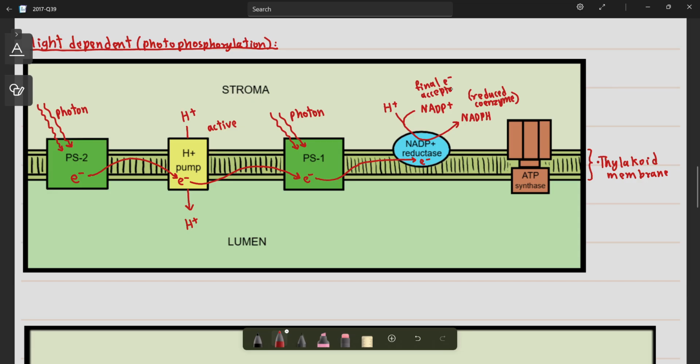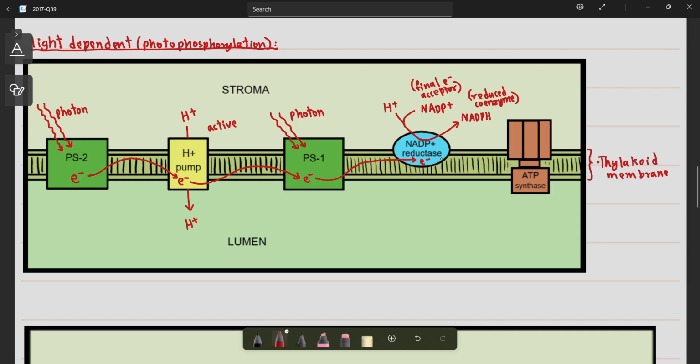Here NADP plus accepts the electron from this reductase structure and combines with the proton to form NADPH. So this is the final part where the electron is gone, but it is recycled in the most useful way.